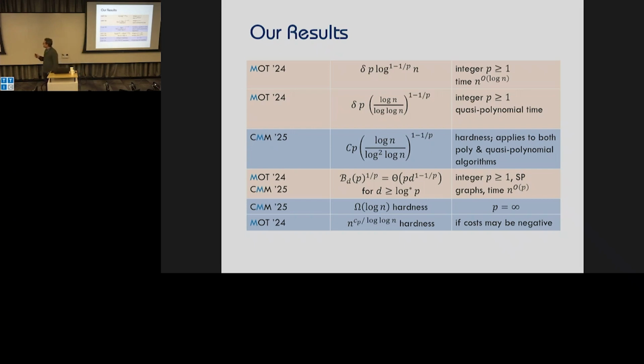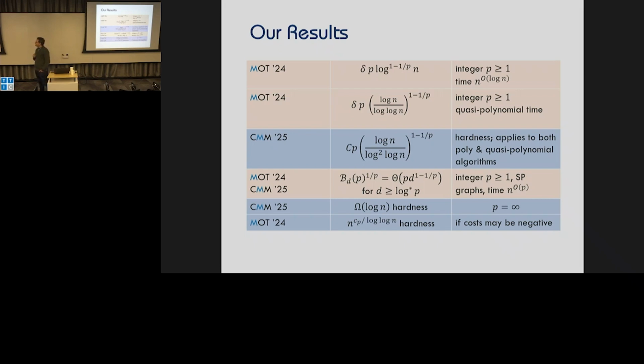First of all, for every integer p greater than 1, we can get a p times log n to the power of 1 minus 1 over p approximation, multiplied by delta, in quasi-polynomial time, n to the power of big O of log n.